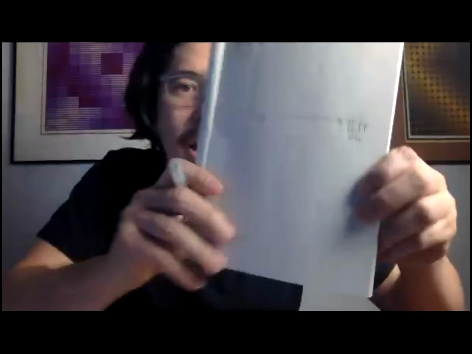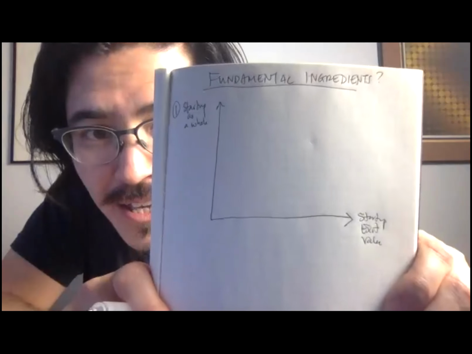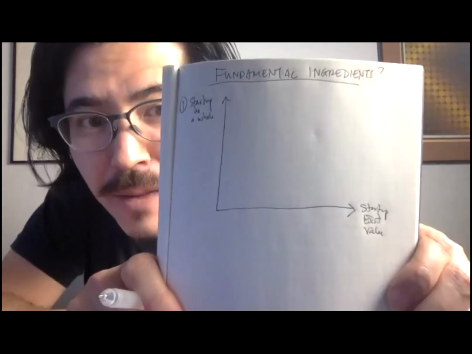So the startup as a whole, remember, what is a payoff diagram? A payoff diagram is startup exit value, right? Our x-axis is always for everything startup exit value. And so for startup as a whole, our y-axis is always this security.